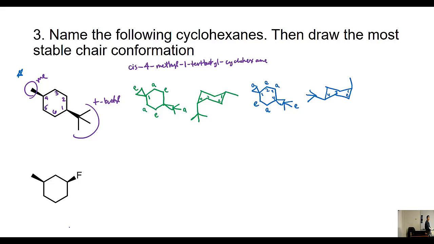Okay, so she's saying the first one. So in the first one the tert-butyl is axial, and in the second one it is equatorial. Yes, this is going to be axial. So which one is better? The second one. Perfect. And why do we want the second one in the equatorial?